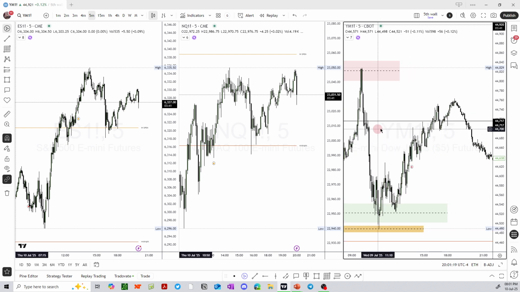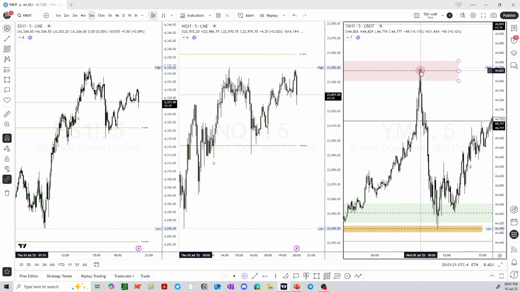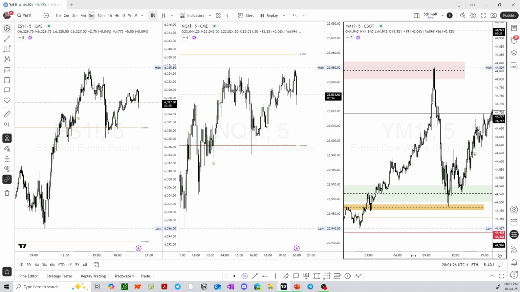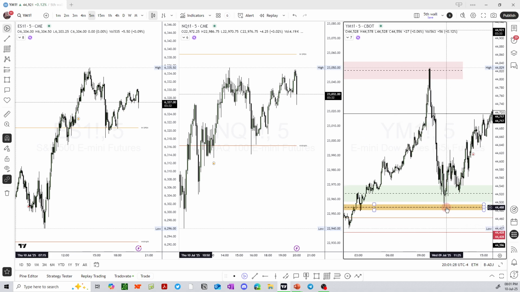So that's your 10 o'clock trading into this imbalance. And this is 11:15. So all of this here, 10 o'clock, it's right here.